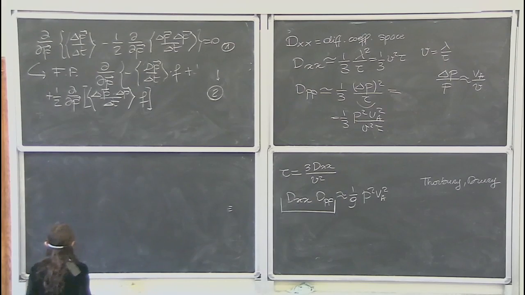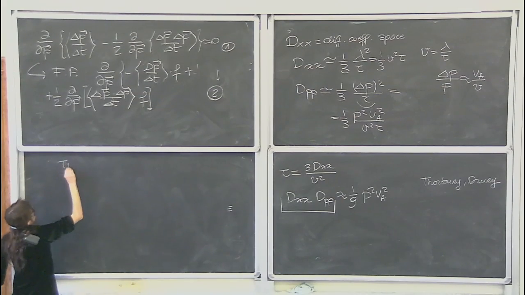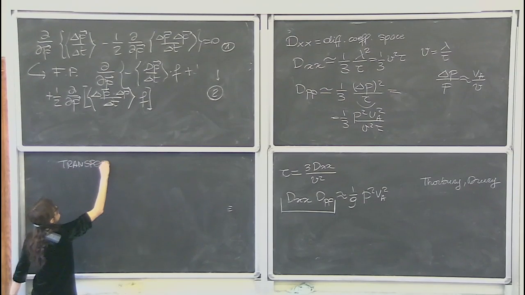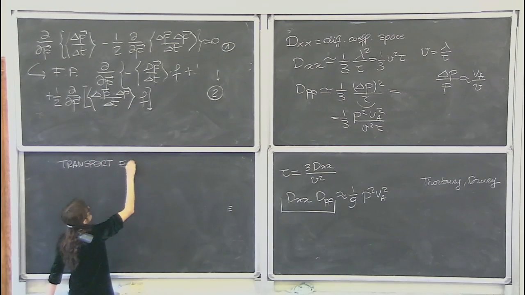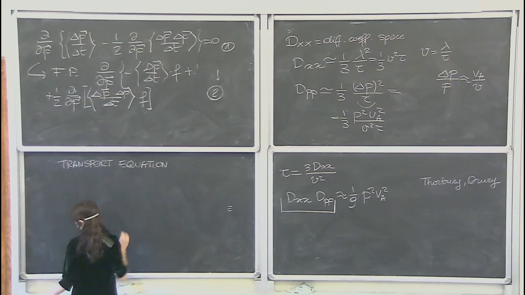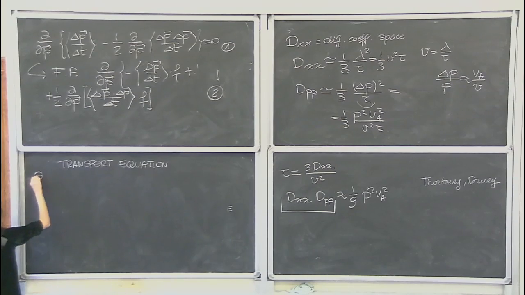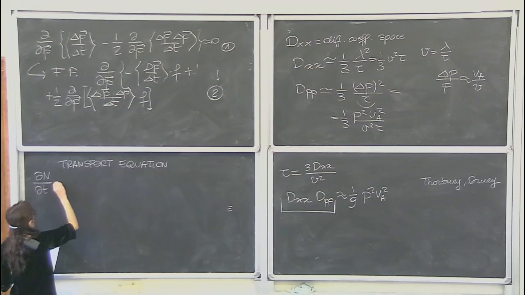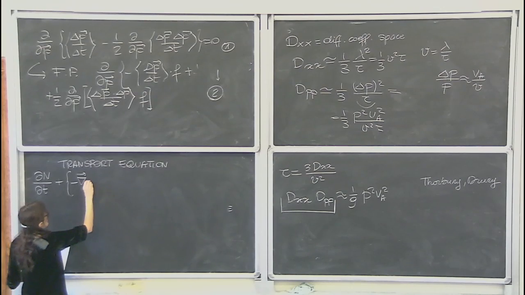So let me remind you of the transport equation, and we will elaborate all the pieces. For a source that can be varying in time, we have the derivative of n over t, and then we have the diffusion.